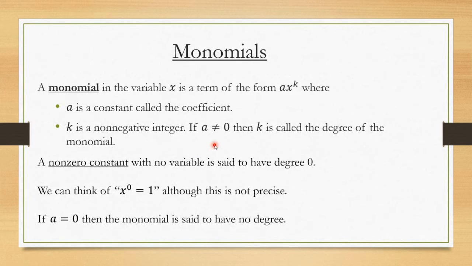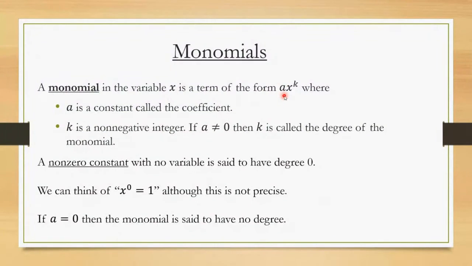Okay, so before we get to polynomials, we have to first consider what monomials are. Monomials are essentially polynomials with one term. So a monomial in the variable x, by definition, is just a term that looks like this.